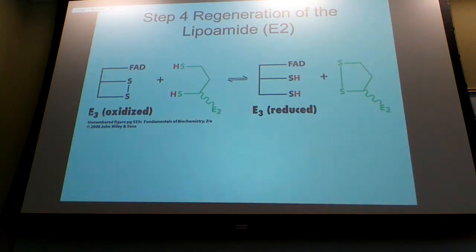E3 also has something in here that is a disulfide. It also has a prosthetic FAD group in it as well. Here is my dihydrolipoamide, where I have those 2 reduced thiol groups. I need to reform that little disulfide in between them, and so to do that, this gets oxidized. This gets reduced, so this disulfide goes away. So it's just kind of swapping around with electrons and hydrogens. A redox reaction.